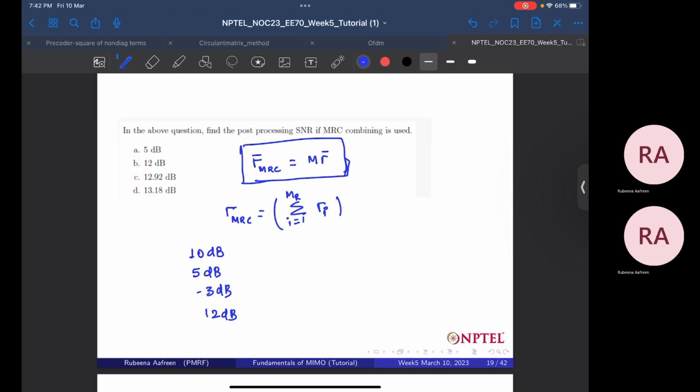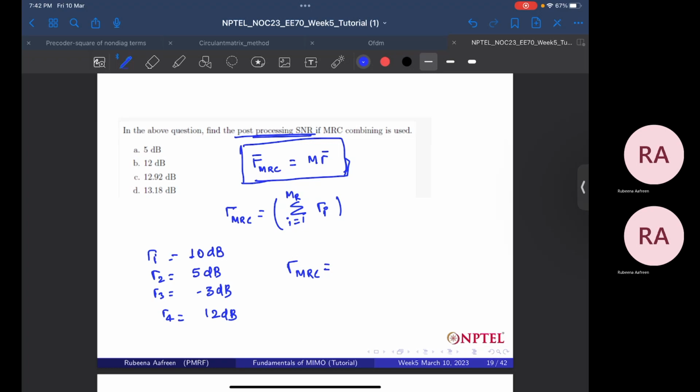So you have to convert each of them into linear scale. This is your gamma 1, gamma 2, gamma 3, gamma 4. Here you have to find the post-processing SNR, so gamma MRC would be the sum of each of the SNRs.